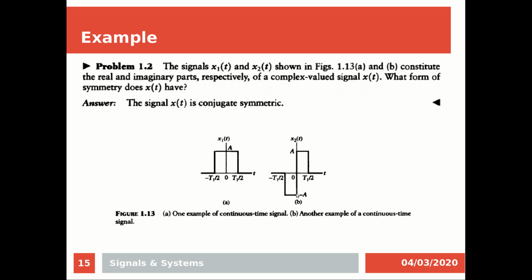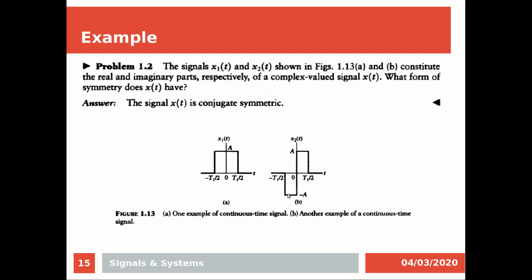At minus t1 over 2, I have minus a. And at the point where the value is 0, I have minus 0, so it is 0. So I have a at this point and minus a at the corresponding point.